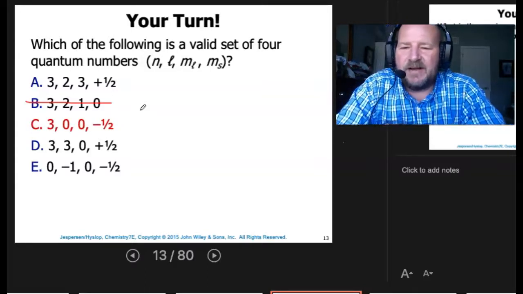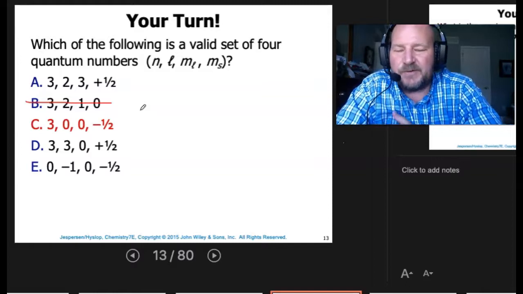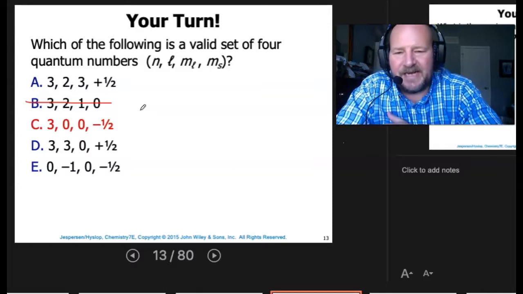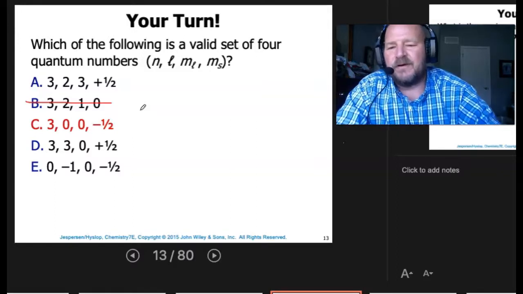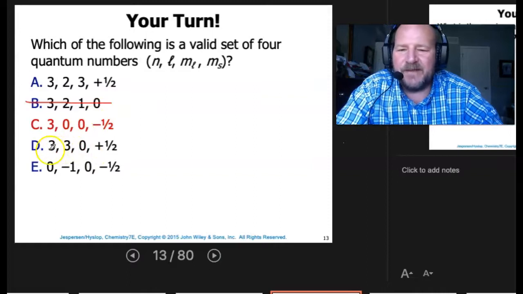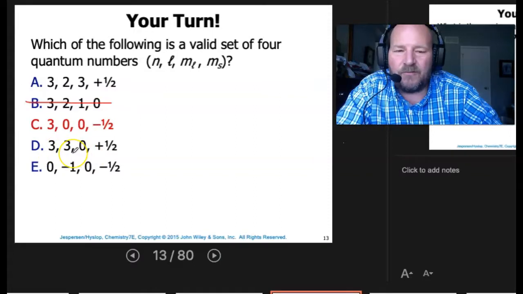A, we could have N equals 3, L could equal 2. That's good. But M sub L can't be 3, right? Because M sub L could be -2, -1, 0, 1, or 2. All right. D, we have N equals 3. And then L, remember, can only be up to N minus 1.